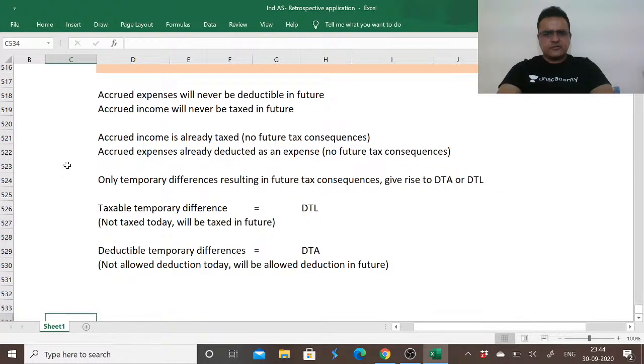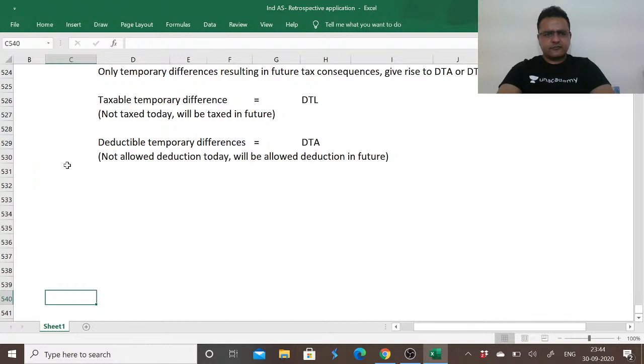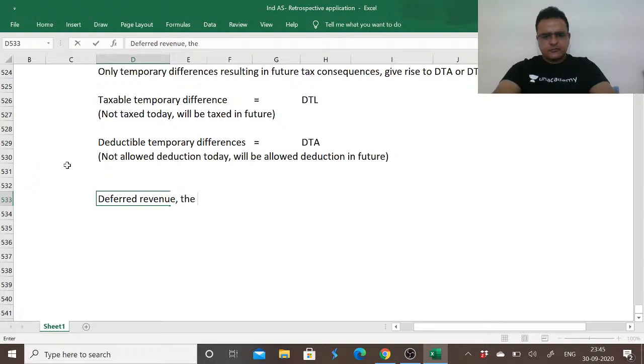Now in case of deferred revenue, the entity receives an advance for providing goods or services.